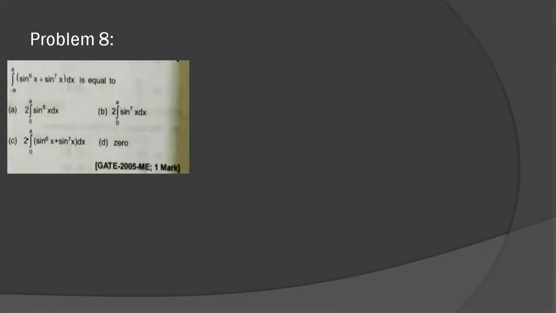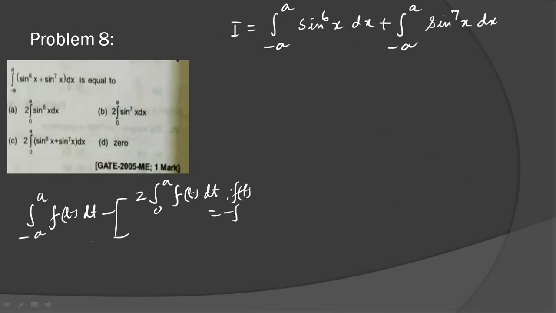The next question is the integration from minus a to a of sine to the power 6x dx. I am separating this integration, minus a to a of sine to the power 7x dx. Use the result: the integral from minus a to a of f(t) dt will be 2 times the integral from 0 to a of f(t) dt if f(t) is an even function.